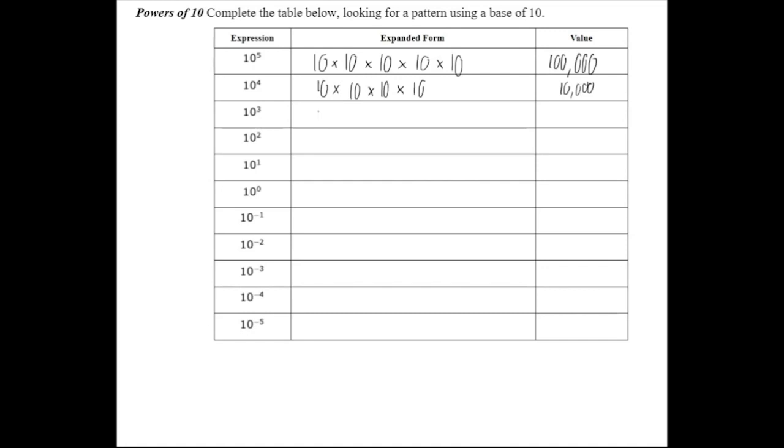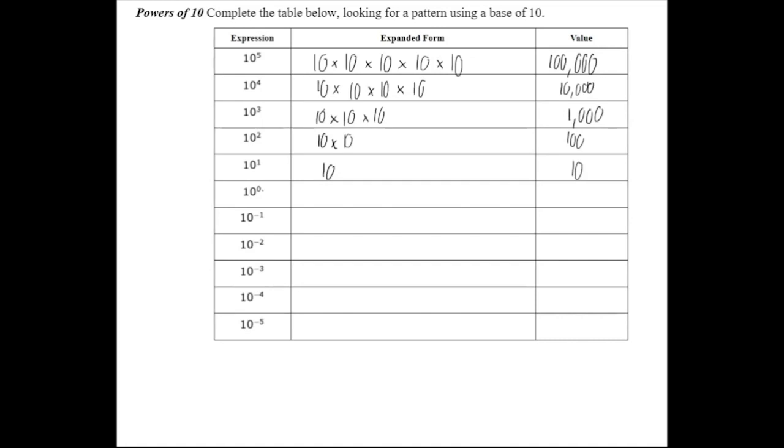For 10 to the 3, we'll have 3 tens and 3 zeros. 10 to the 2, much the same, 2 tens and only 2 zeros. 10 to the 1 is just 10 because we only have 1 ten, and so the value is 10.